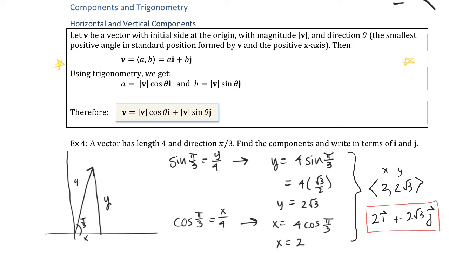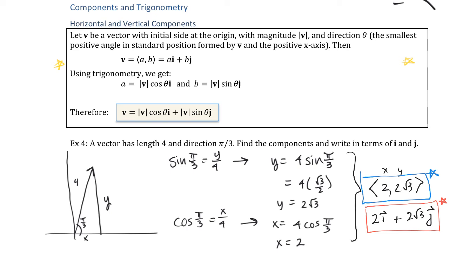Okay, so that is in terms of i and j. And then this one is the algebraic one. Most of us in math prefer this, called the algebraic form, but I just need to show you this one because that's what usually shows up in physics classes. So it's nice to be able to know what that means.